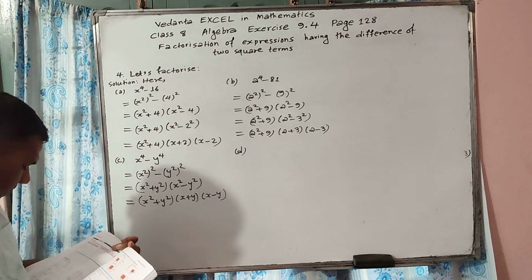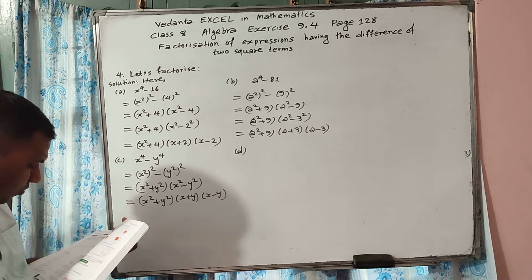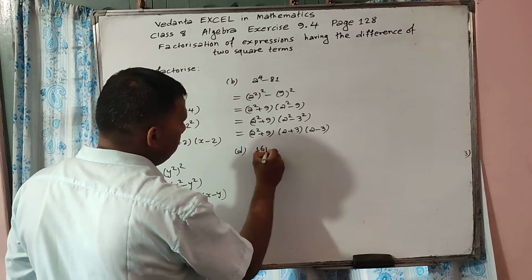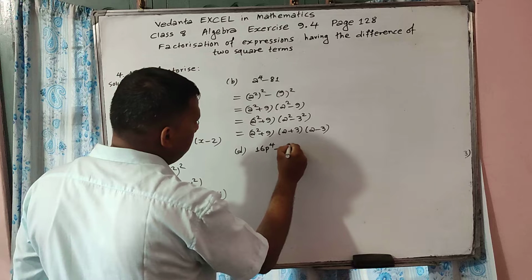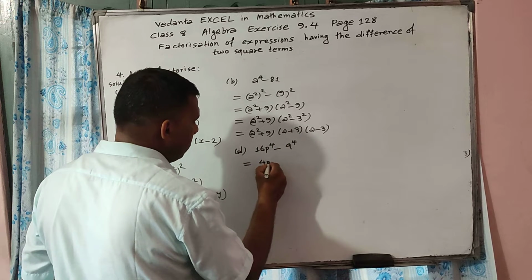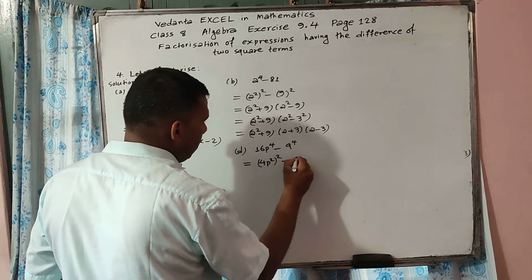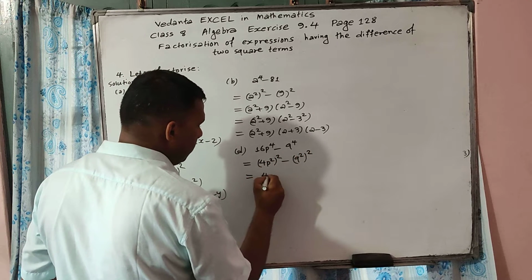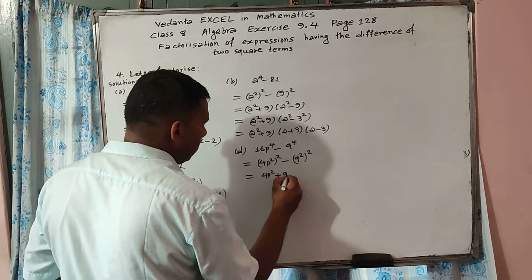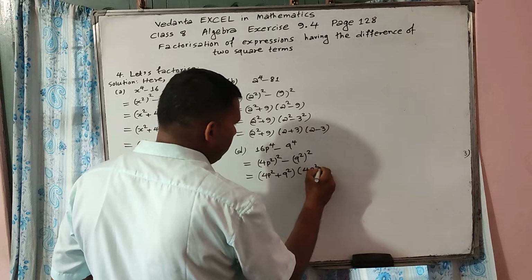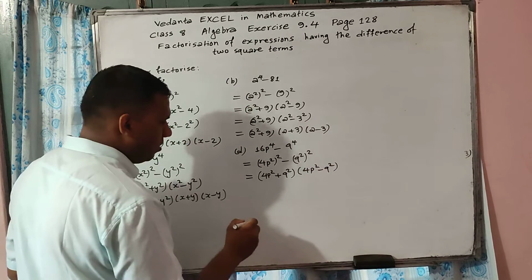On D we have 16p to the power 4 minus q to the power 4. This is equal to (4p square) whole square minus (q square) whole square. This is equal to (4p square plus q square) into (4p square minus q square).